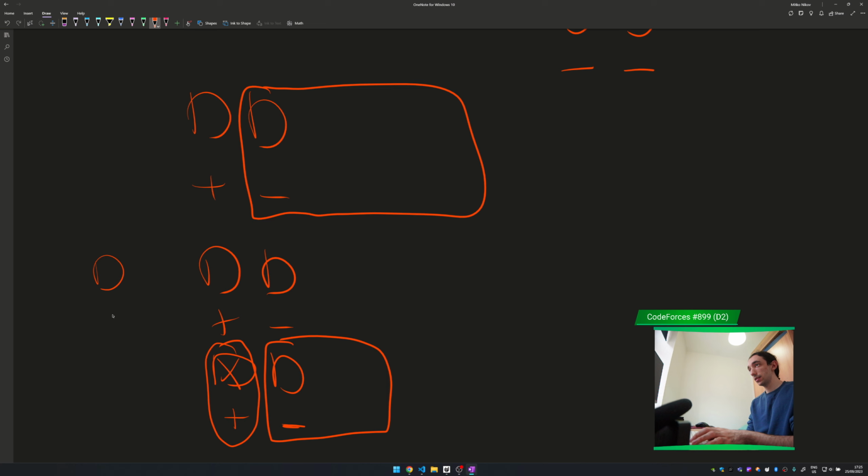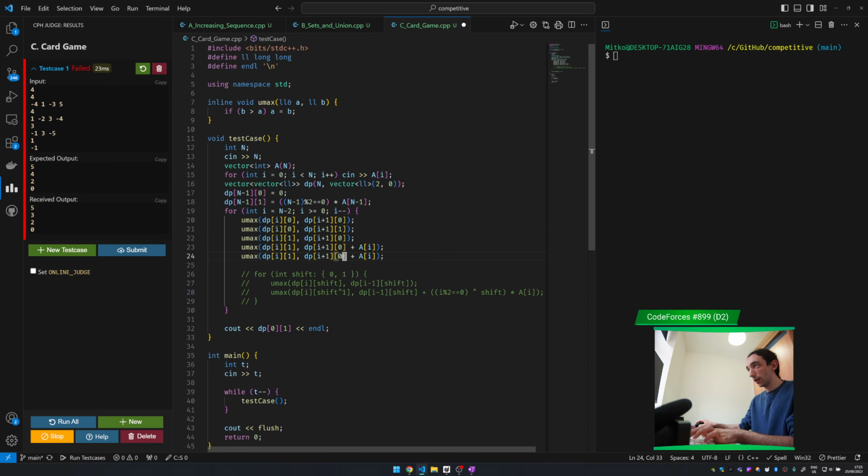Or I buy this element and then all of these elements, like that.